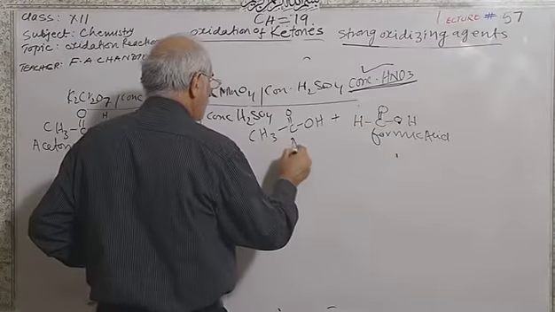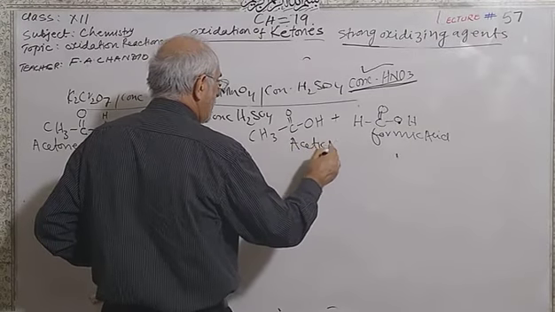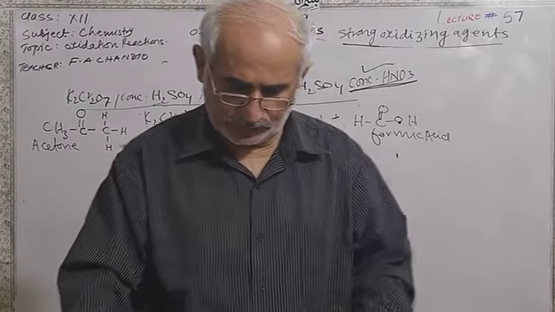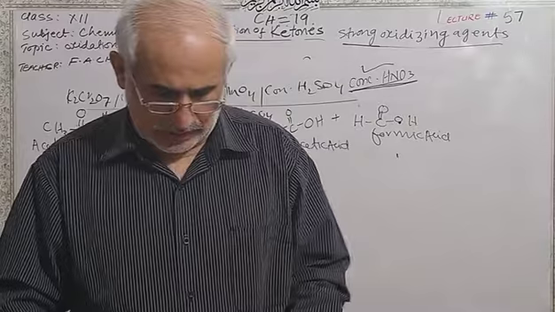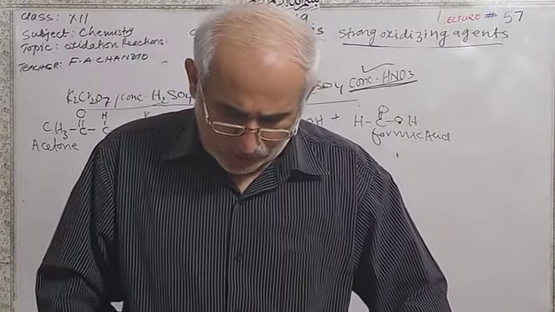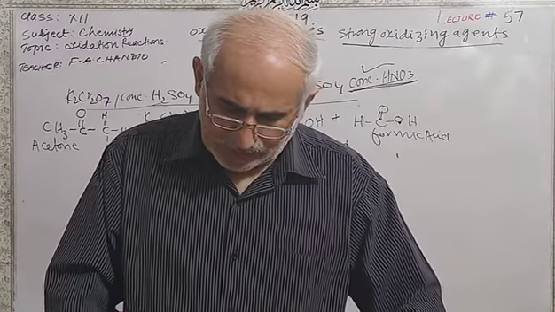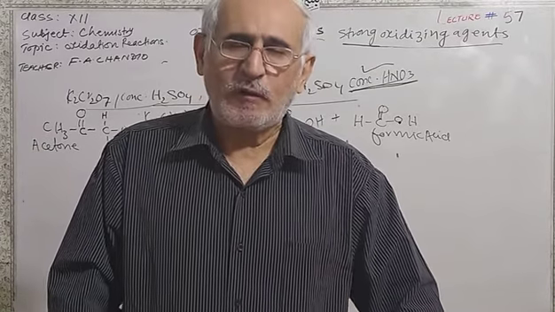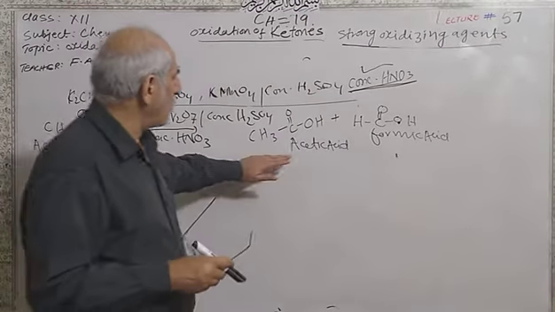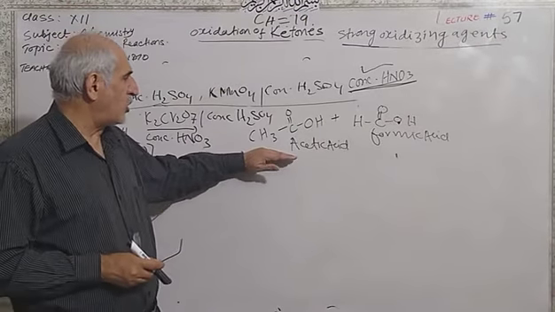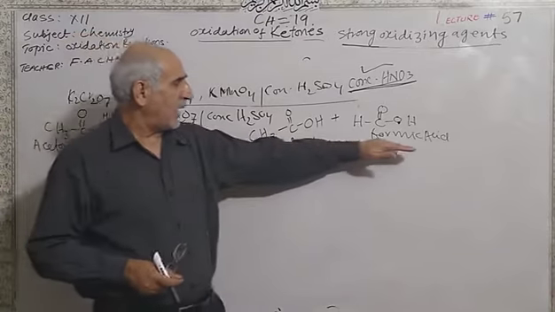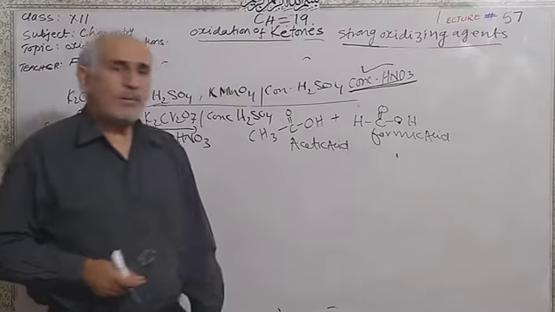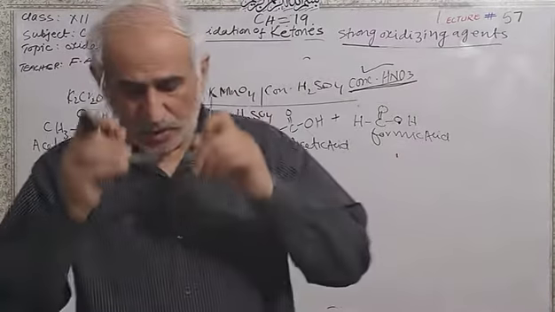So you will get acetic acid and formic acid. In symmetrical ketones, only one carbon atom adjacent to the carbonyl group is oxidized and a mixture of two carboxylic acids forms. One is ethanoic acid, acetic acid, and the other is formic acid or methanoic acid.